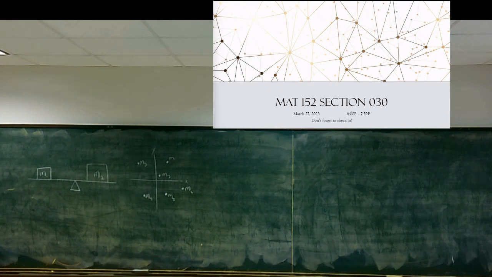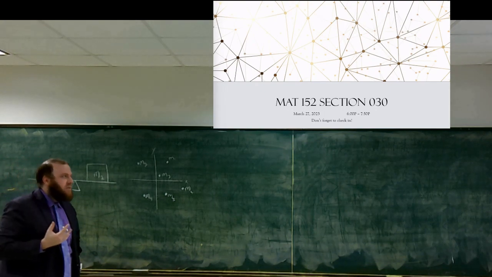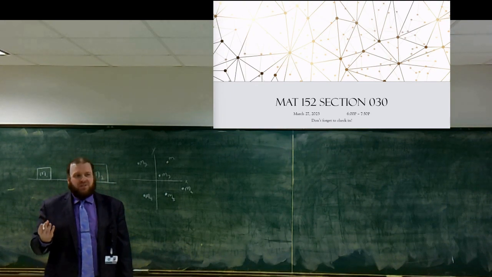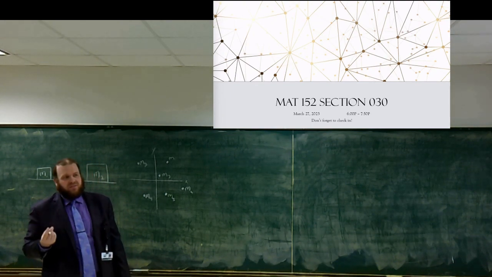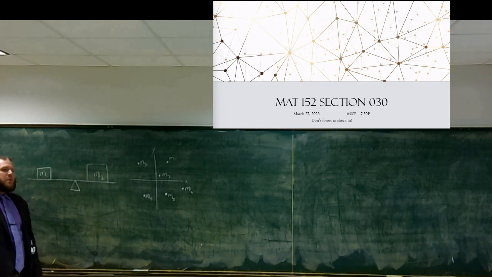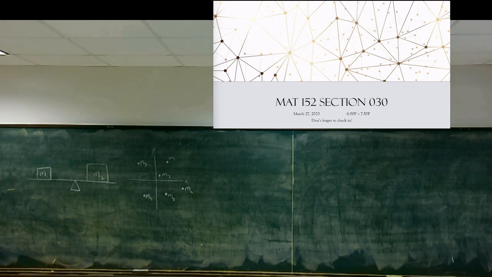You can have constant density, so the density of the sheet is constant throughout the entire sheet. You can have a density that varies in only one dimension, so it only varies either horizontally or vertically. Or you could have it where density varies in two dimensions. Again, that would require Calc 3, so we're not going to consider that case.